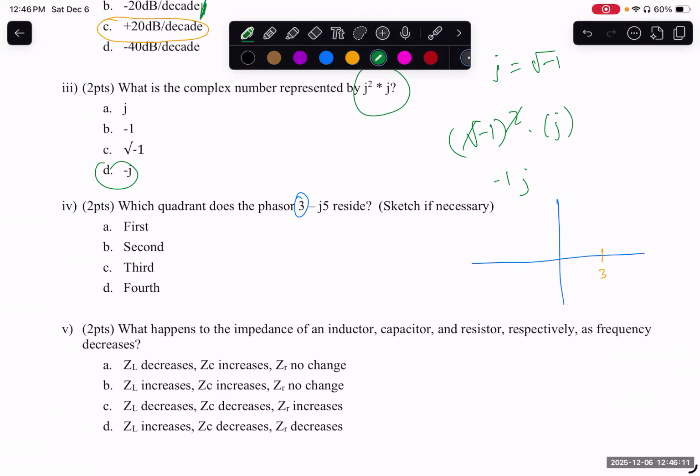And then the y-axis would be this, and it says negative j5, which means -5. So -5 would be around here. So it's going to be a point around here, and the quadrants are numbered as 1, 2, 3, 4. So it's going to be the fourth quadrant.